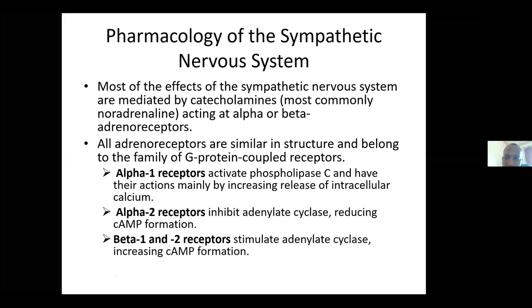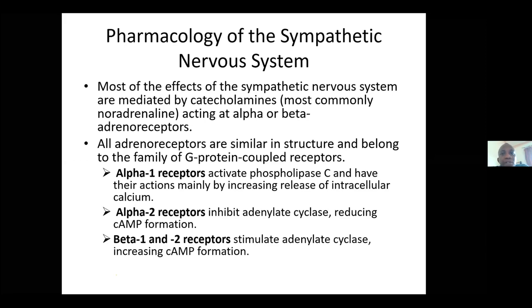Now, you should notice that alpha-1 and alpha-2 receptors have a different response in terms of stimulation. Okay, when you stimulate the alpha-1 receptor, you cause activation.